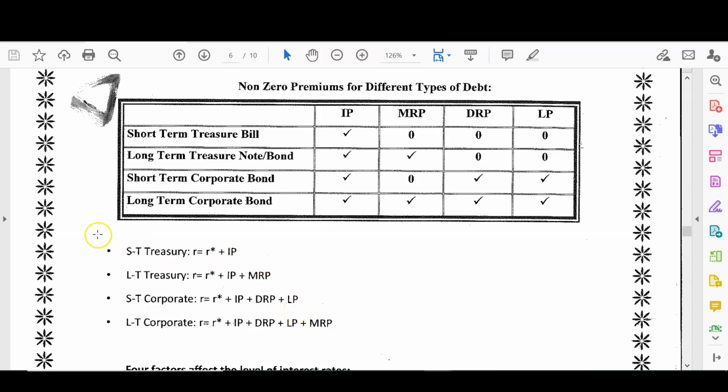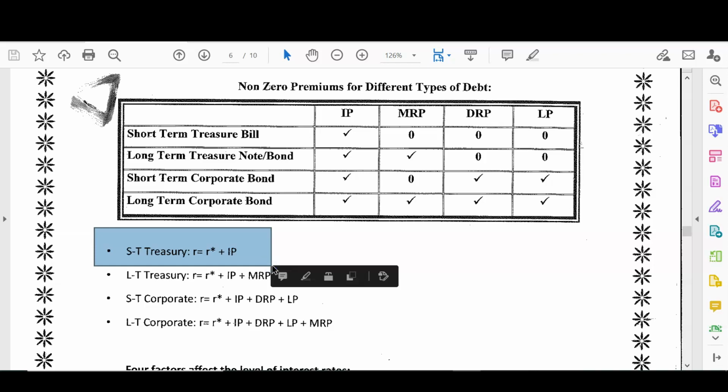So when calculating the interest rate for short-term treasury, we only need the real risk-free rate plus inflation premium. It still has inflation risk, but we don't add MRP, DRP, or LP.